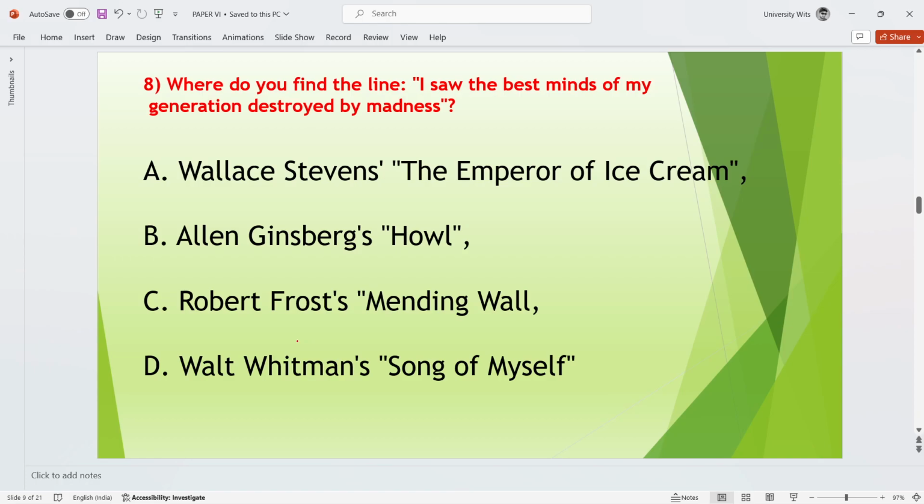That is why I always say: try to read all the works. Don't ask me which one is most important among these works. People are asking me which one is very important and which one we should skip, as we will get only 7 questions to attempt.